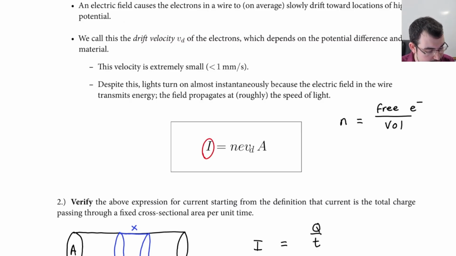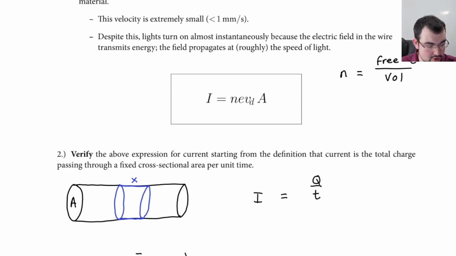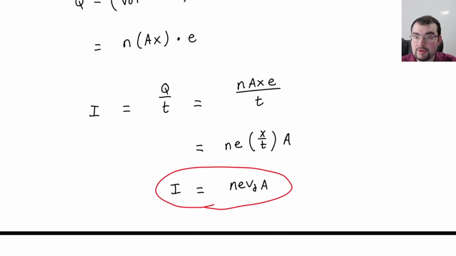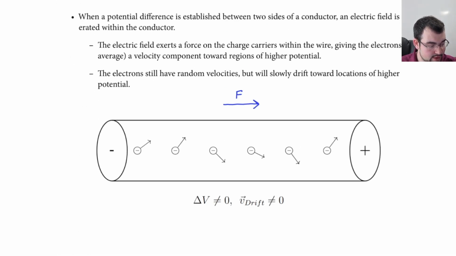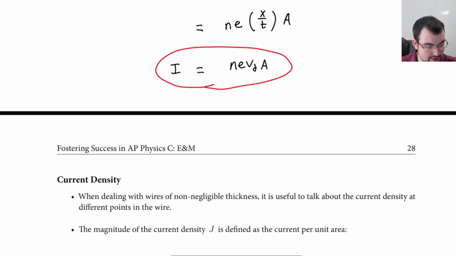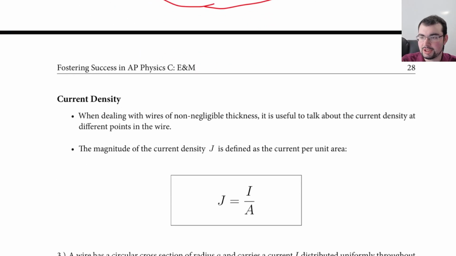Current depends on charge carrier speed. It's the speed that they're drifting. Remember that all the charge carriers are moving very fast in random directions, but they're very slowly creeping in some direction if there's a potential difference. And that's what creates the current, that slow drift speed.